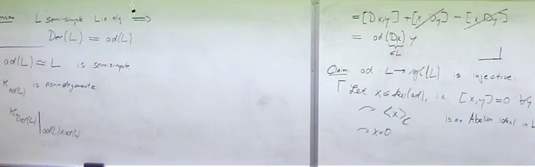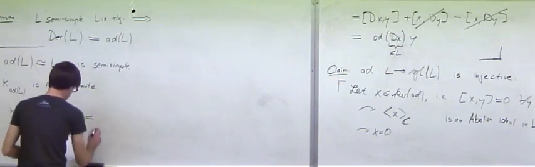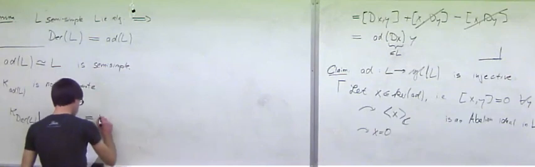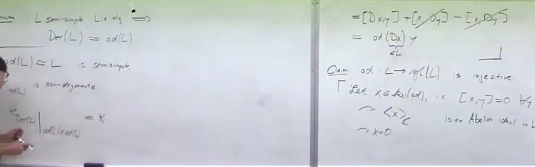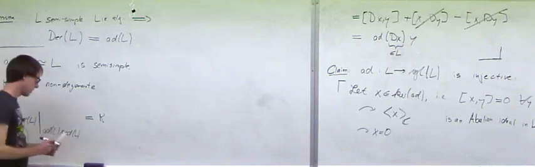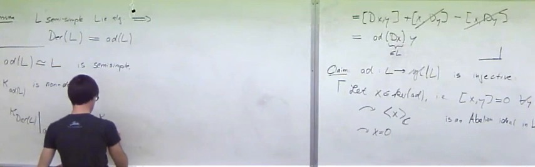And in this exercise, you'll show that this restriction of the Killing form of the larger Lie algebra coincides with the Killing form of the smaller.